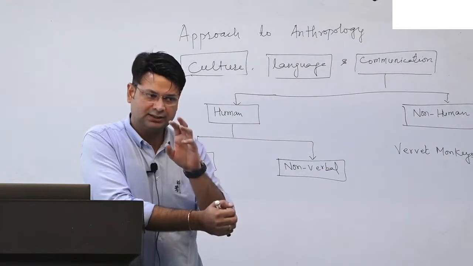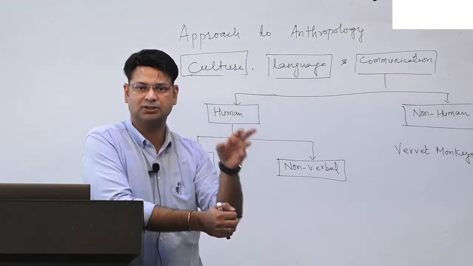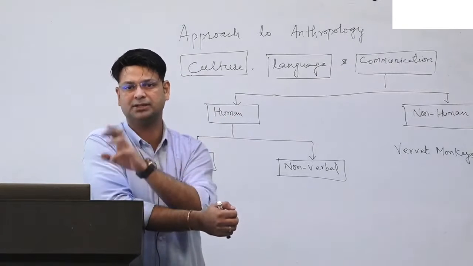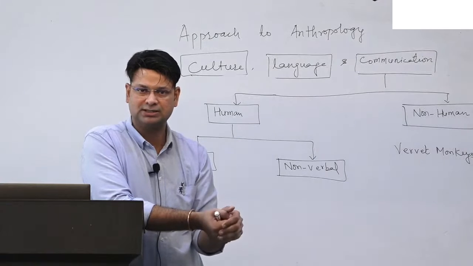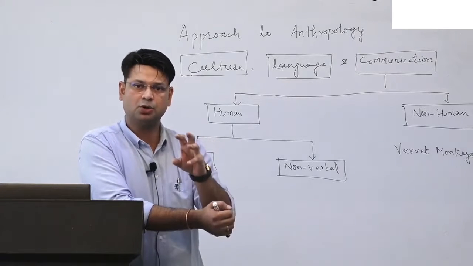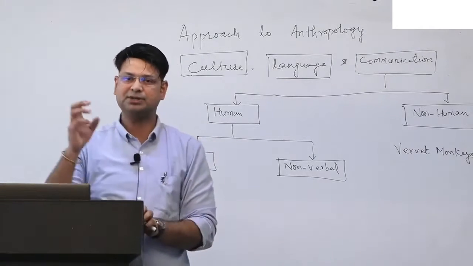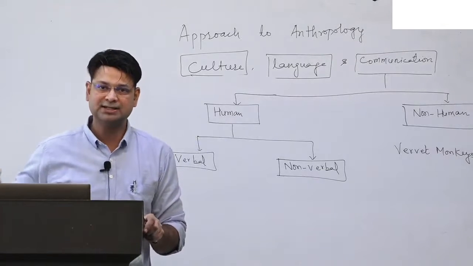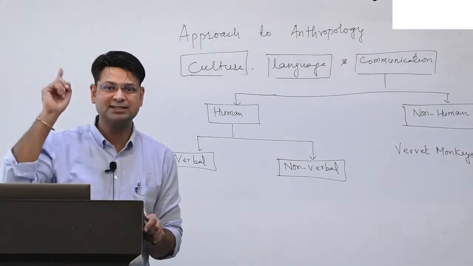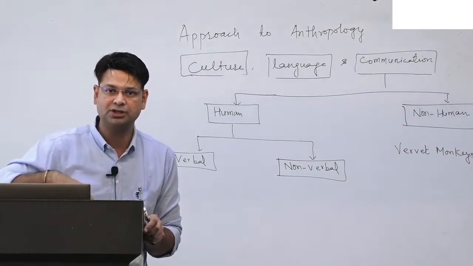So there are three calls: one they make for python, one for eagle, one for leopard, right? And the response of the vervet monkeys to the different calls is different. Suppose there is a call for eagle, so all vervet monkeys will look up. That suggests that the call has a symbolic aspect similar to what we use, right?